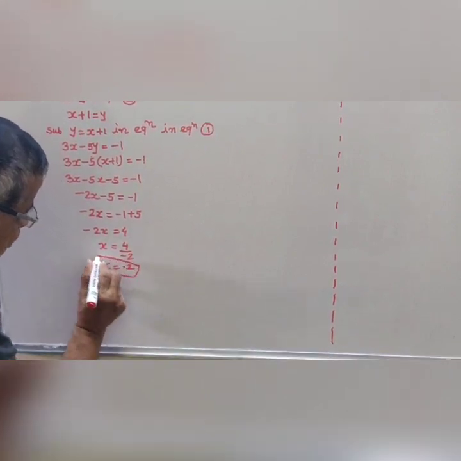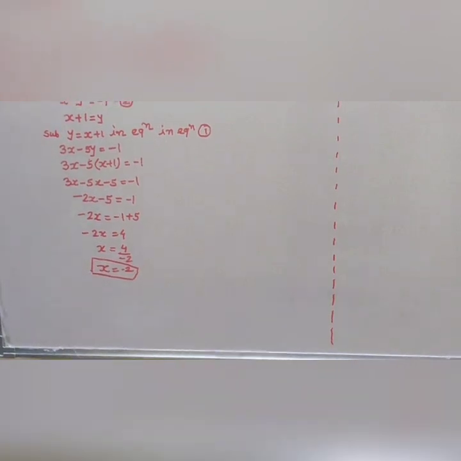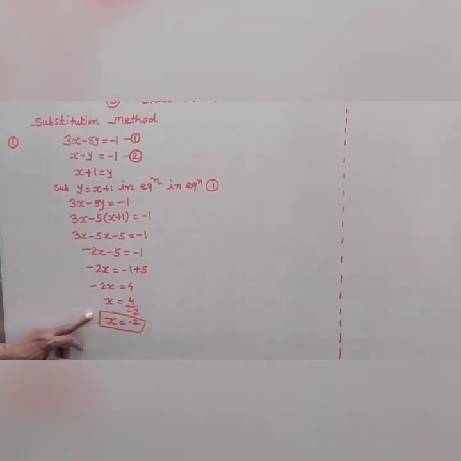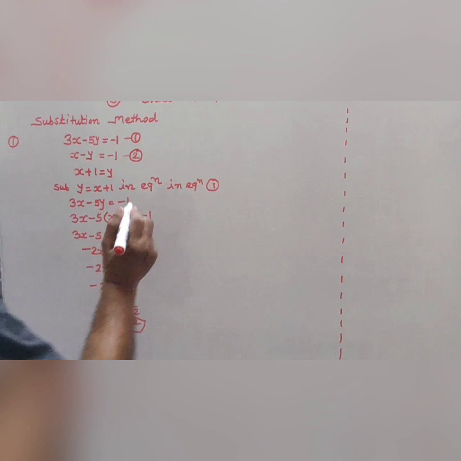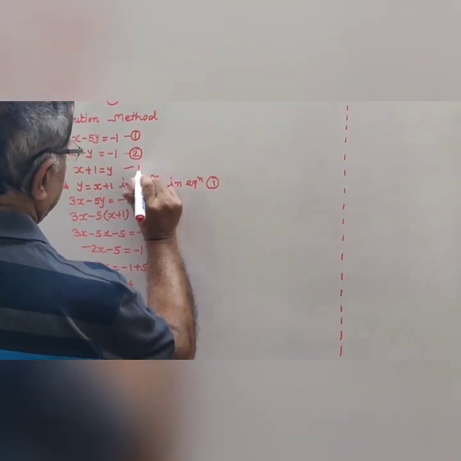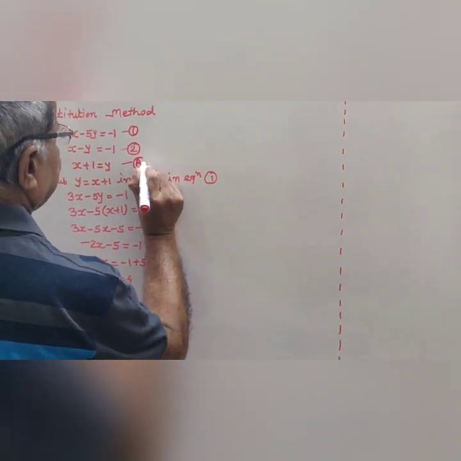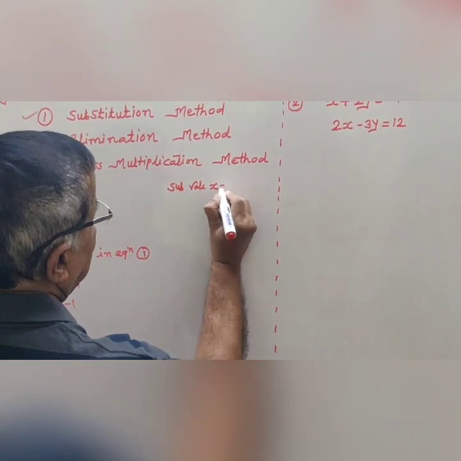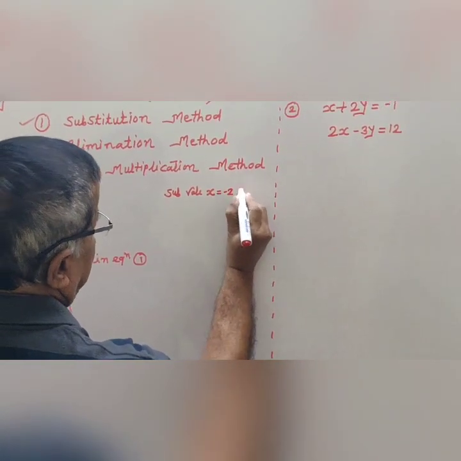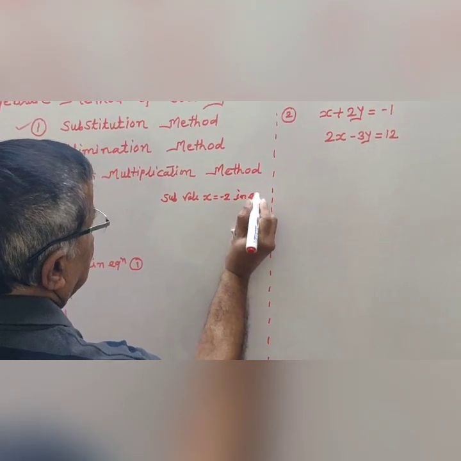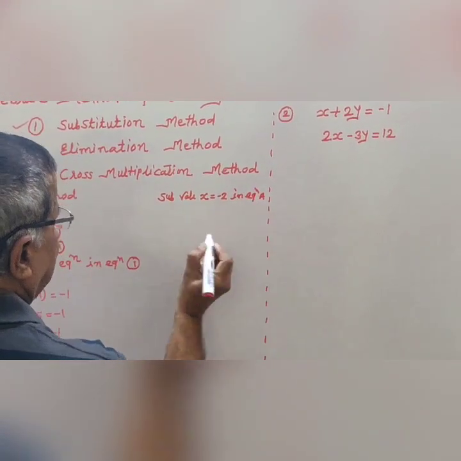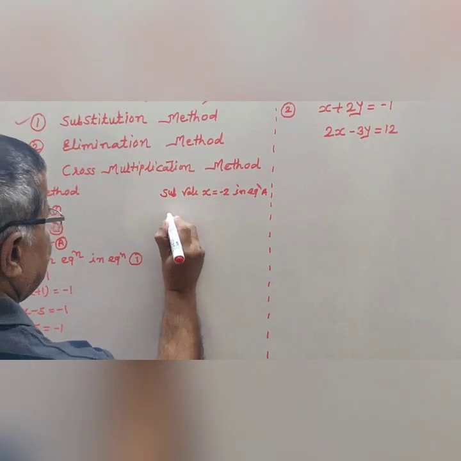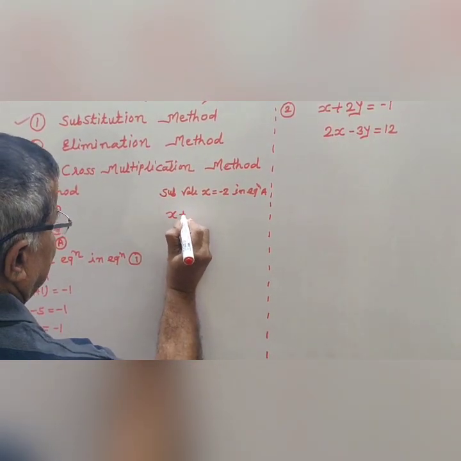This is the value of x. Now this value of x is substituted in equation, which you can write as a. The value of x is equal to minus 2 in equation a. Now x plus 1 is equal to y.